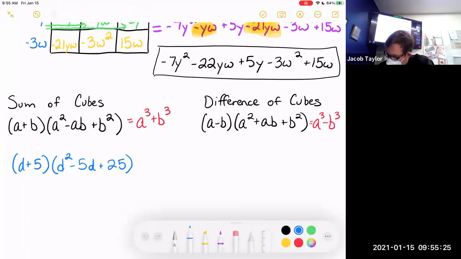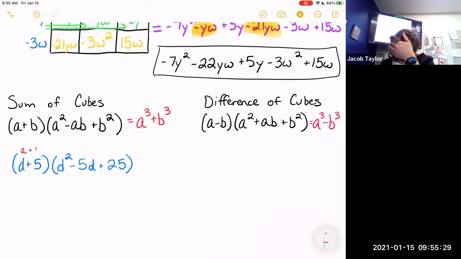So if I take the formula here, this is the a plus b. This is the a squared minus ab plus b squared, if I follow the formula.